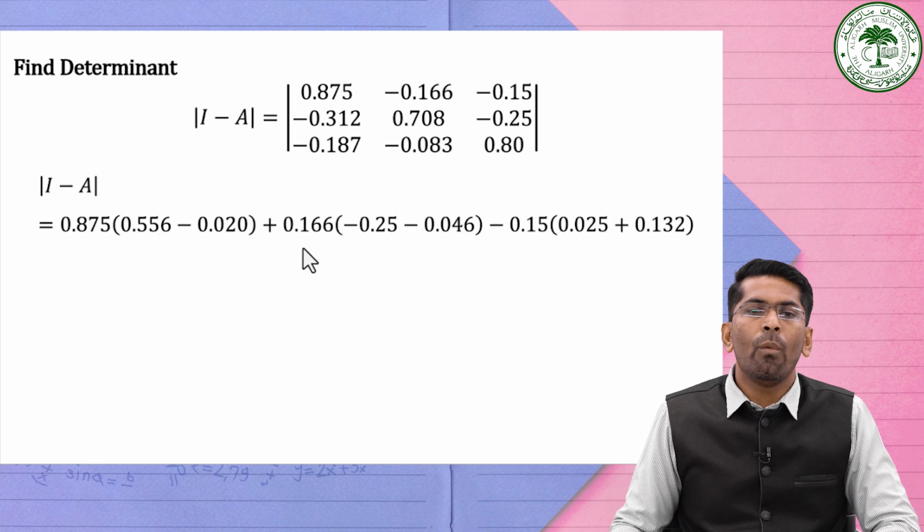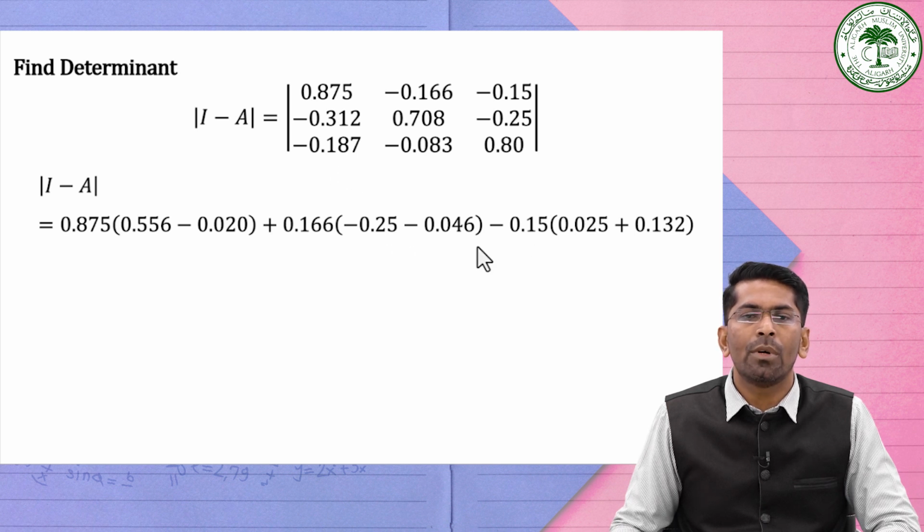So 0.166, crossing the second column and the first row, then we multiply minus 0.312 into 0.80, which is equal to minus 0.25, minus 0.25 into minus 0.187, which is equal to minus 0.046.